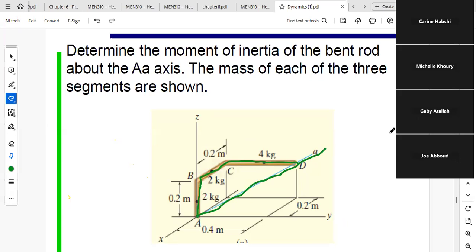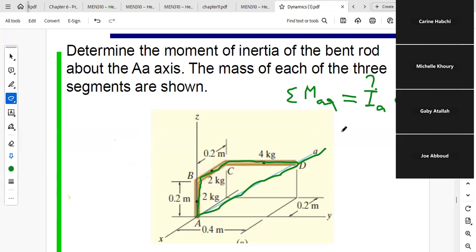It's rotation about a fixed axis, but you need to evaluate the inertia, and you can say that the sum of moments about the AA axis is equal to the inertia about this axis times alpha. You can say this from the analysis in 2D motion, but you don't know the inertia about this axis, and you want to calculate it. So to do this, you need to perform this analysis.